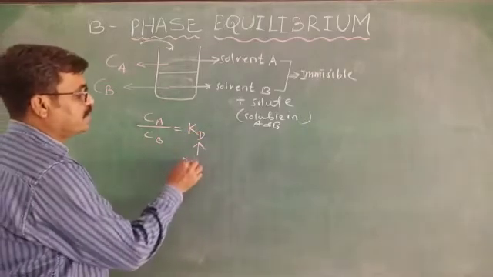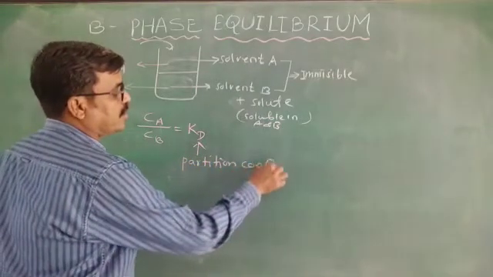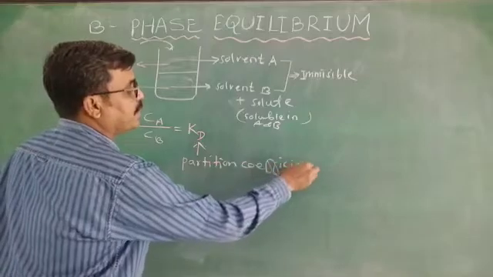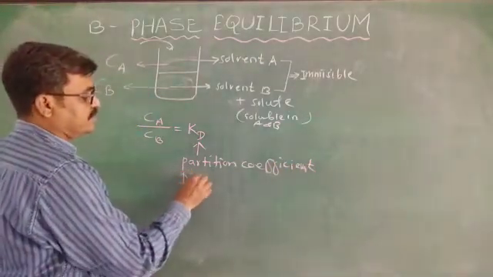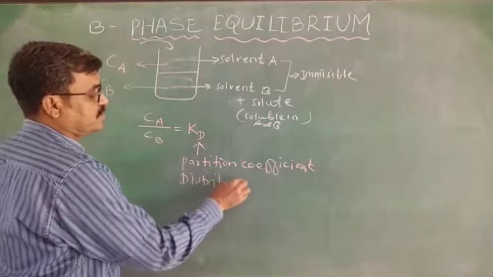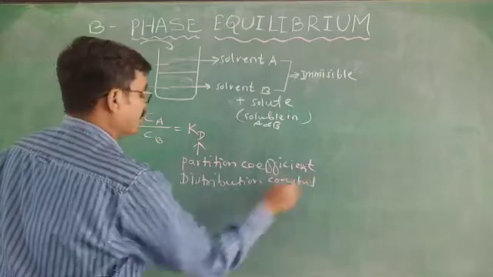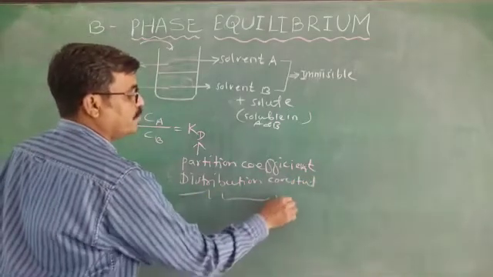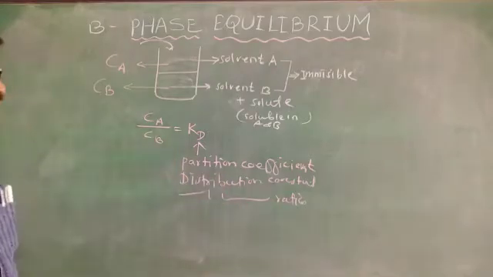It is also called the partition constant or distribution constant, or it is also called the distribution ratio. Now this is constant according to Nernst.